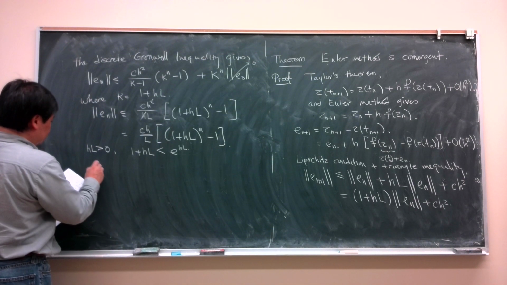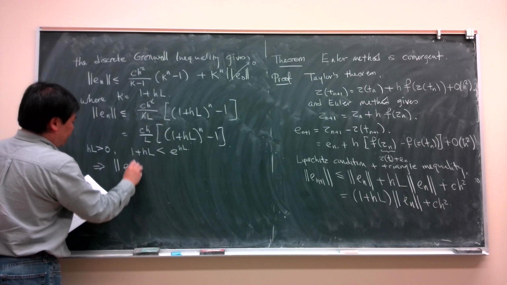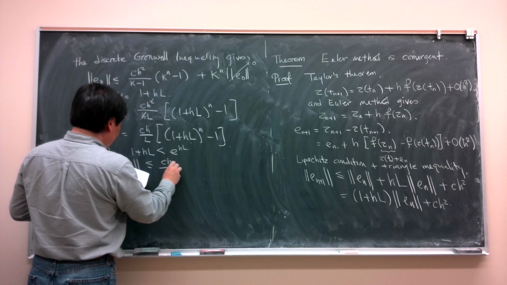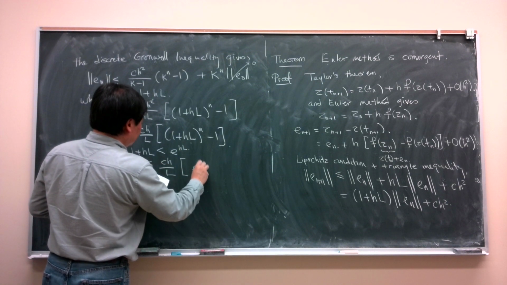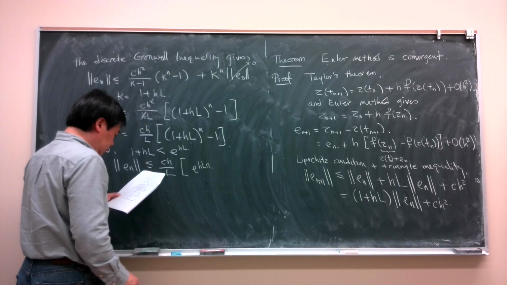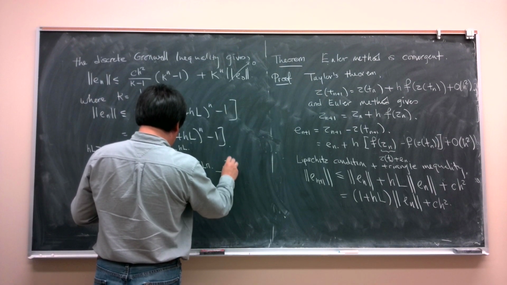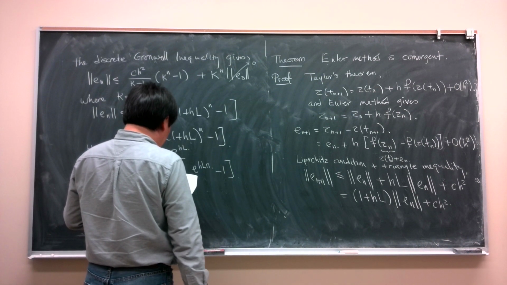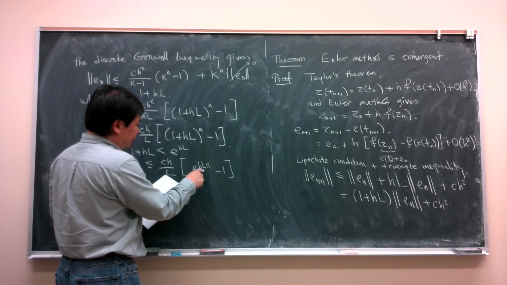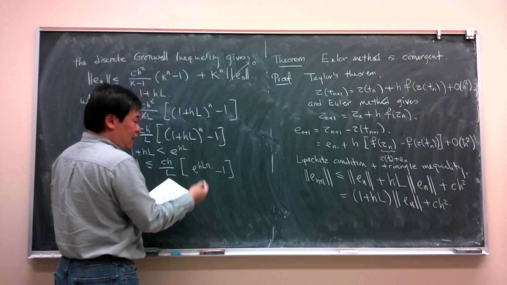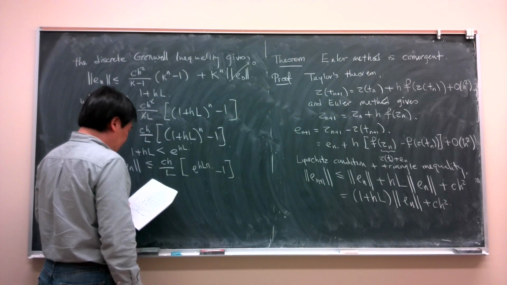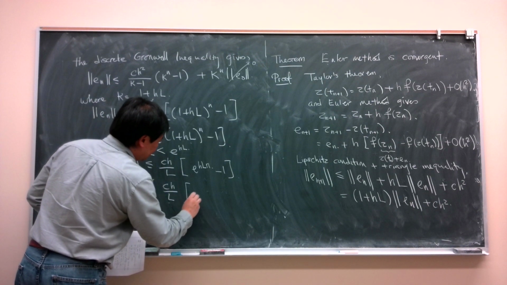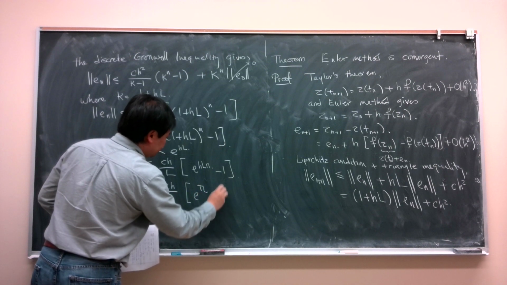Okay, so this implies that the error at the nth stage is less than or equal to C h over L, times (e to the hLn minus 1). And you can bound this from above because h times capital N, which is the maximum little n you can take, is bounded from above by T. So this is less than or equal to (C h over L) times (e to the TL minus 1).